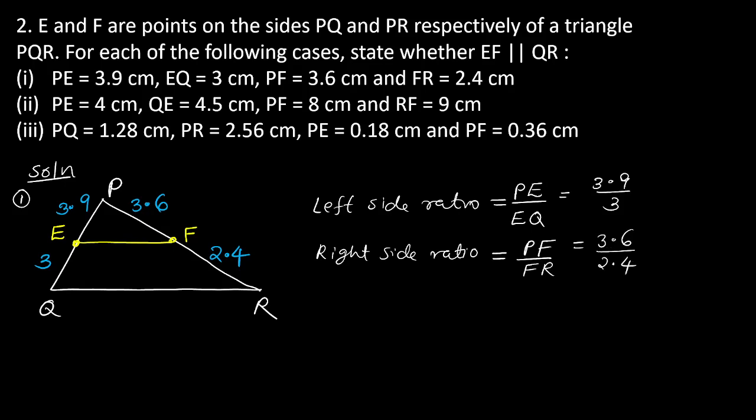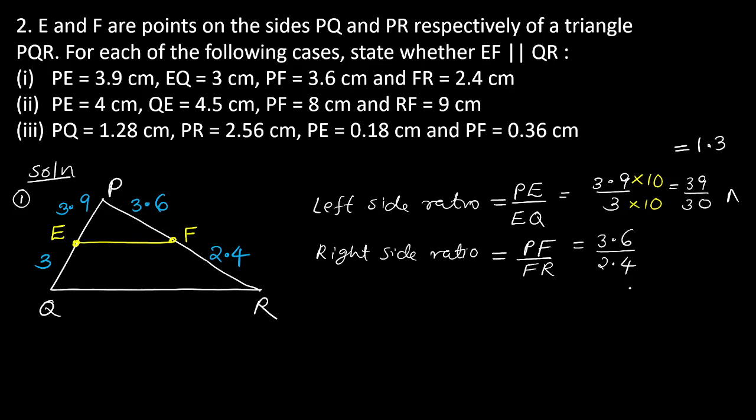Before that, find the left side ratio. You have to check whether they are equal or not. The decimal is very difficult. Multiply by 10: 39 by 30. Shall I discuss the solution? 39 by 30, you will get 1.3. You just do the division, it's very simple, right? 1.3.